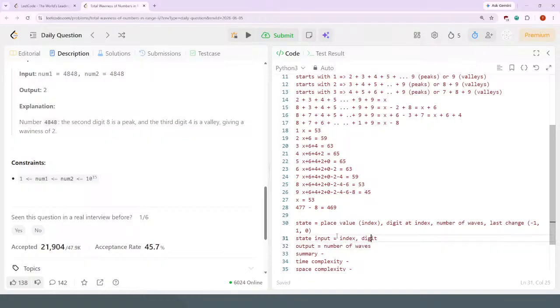I guess it needs to include the last change as the input, if that maps to a different thing. If the index is a certain place, the digit is a certain place, and the last change is a certain thing, then that all combines the number of waves up to that point.